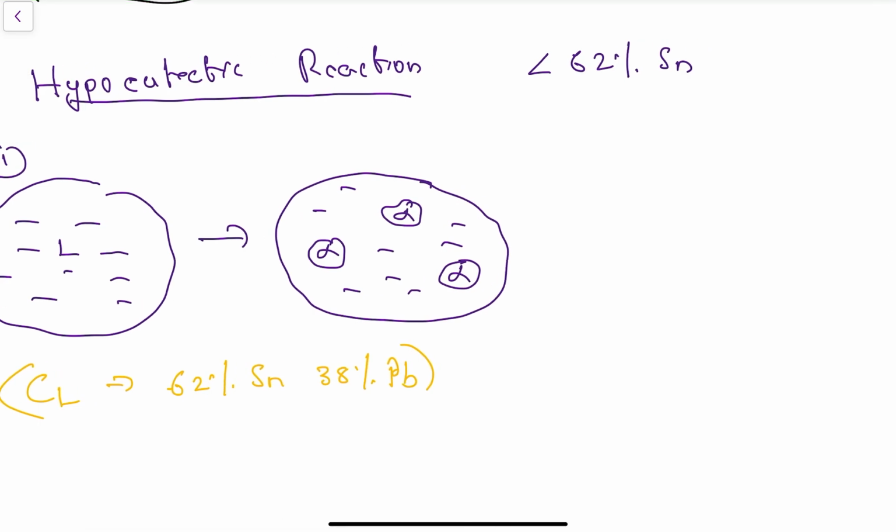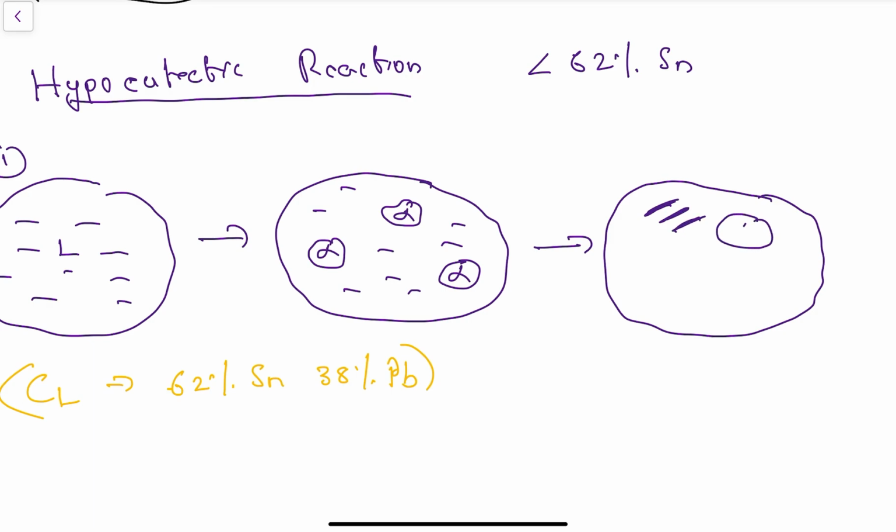So at 183 degrees Celsius, in this hypoeutectic alloy, a eutectic reaction occurs. It will look like this. This alpha will remain there, which is what formed earlier. And here you can find the lamellar structure.